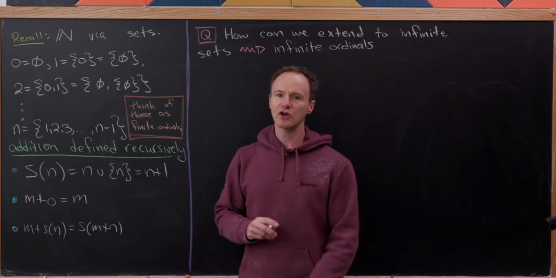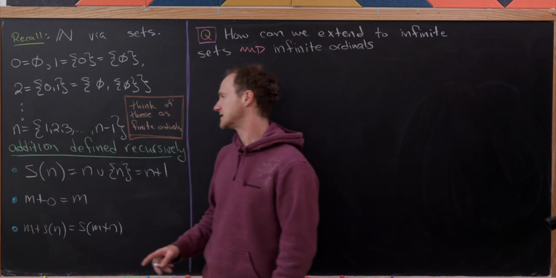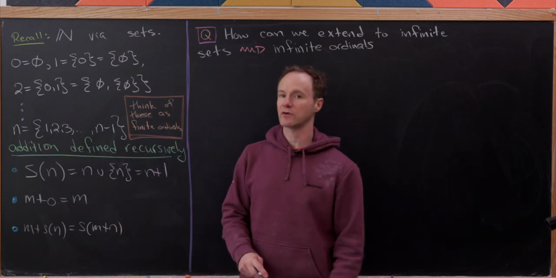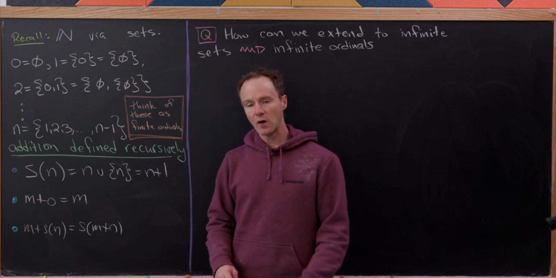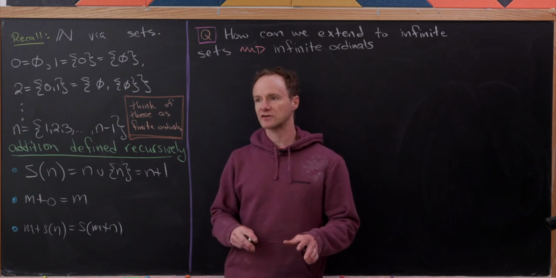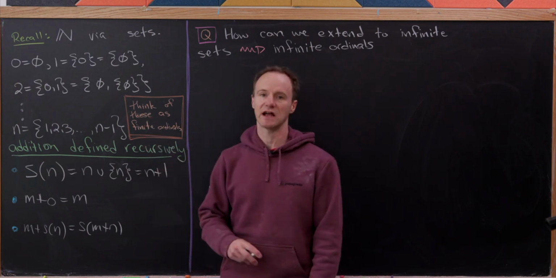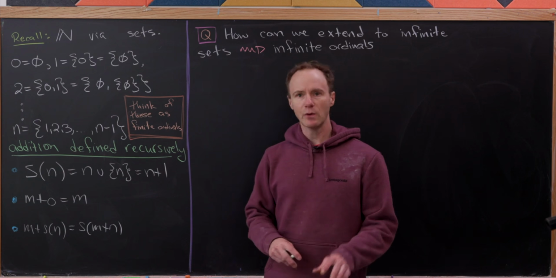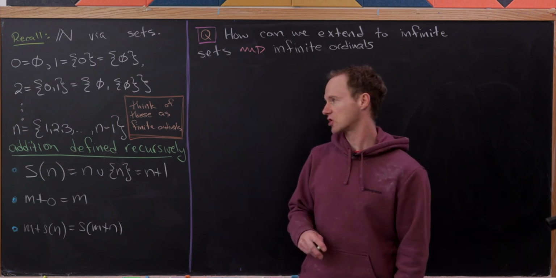And then, well, I think you can probably see the pattern here. n will be the set containing 0, 1, 2, 3, up to n minus 1. Okay, so good. We've got all of the natural numbers defined as sets, and also, interestingly, they're all built out of the empty set.